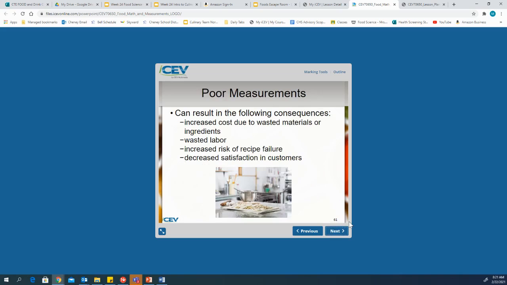When you measure poorly, there are a few different consequences. The big one is that it's going to increase your cost for that product because of wasted materials or ingredients. Keeping your food cost low is how you're really going to keep your profit high in your food establishment, whether that's catering, a bakery, a coffee shop, or a restaurant.